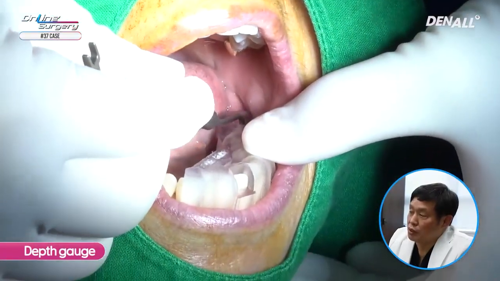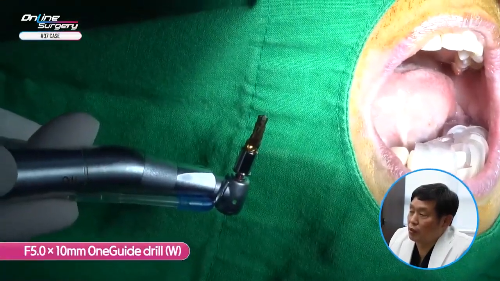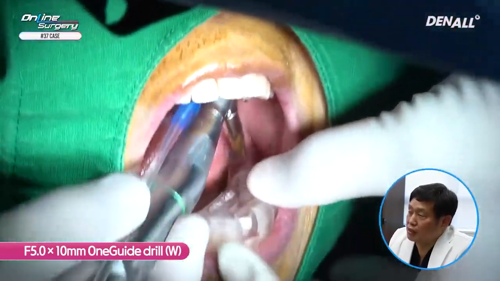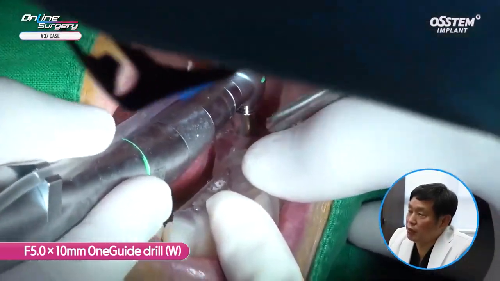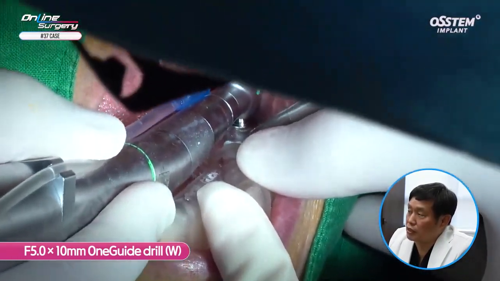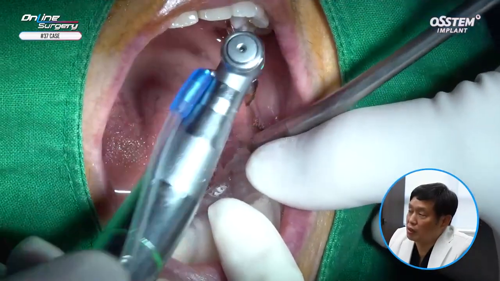I'm using depth gauge to check the contact. Next, I'm using 5.0 by 10 mm OneGuide drill. This is final drilling. As mentioned, there's a bit of sclerotic change. So I used a 4.5 by 10 mm drill once again for drilling.